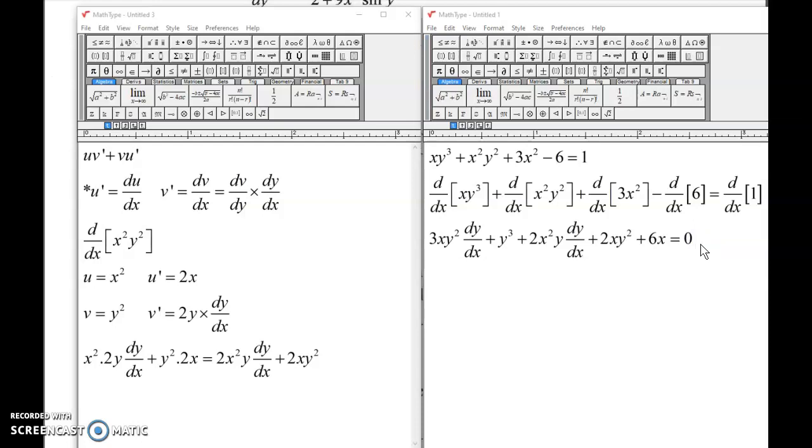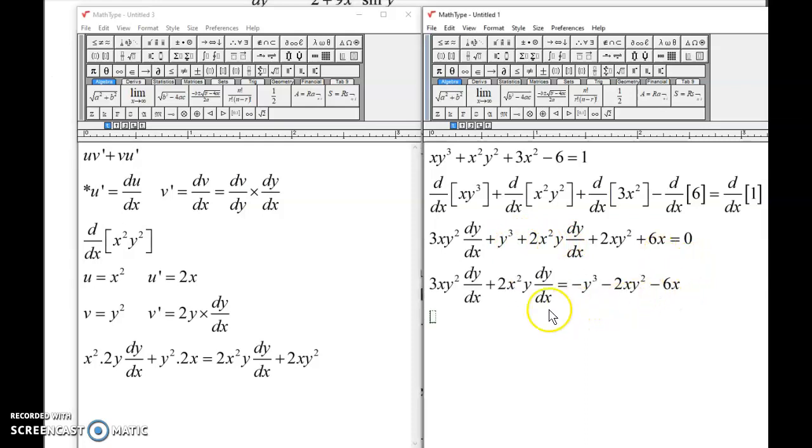The next thing to do after we have differentiated all of them is to rearrange them. So those with dy over dx will be on one side, and those without dy over dx will be on the other side.